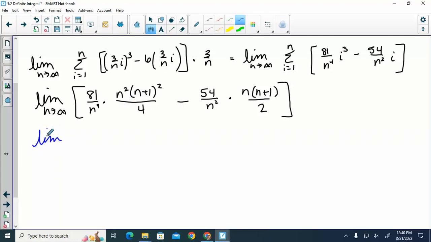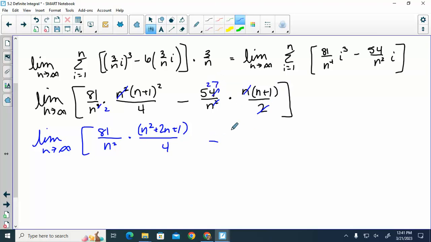So now we have all of our simplifying. The amount of work you show here is kind of up to you. We can cancel 2 of these. n plus 1 squared. So 54 divided by 2 is 27.